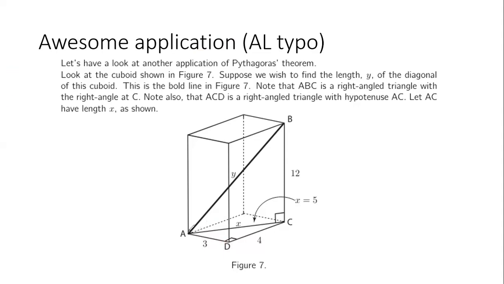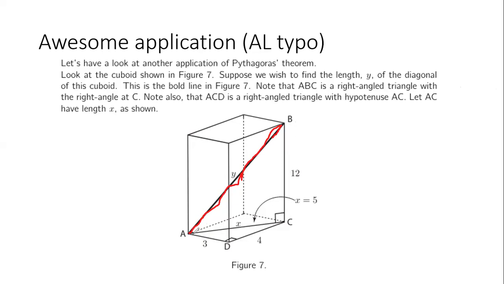Let me show you the length y here in red color. This is the y length. Actually, this is the diagonal of the cuboid. However, to find that diagonal length, we have been given several other lengths in the cuboid.